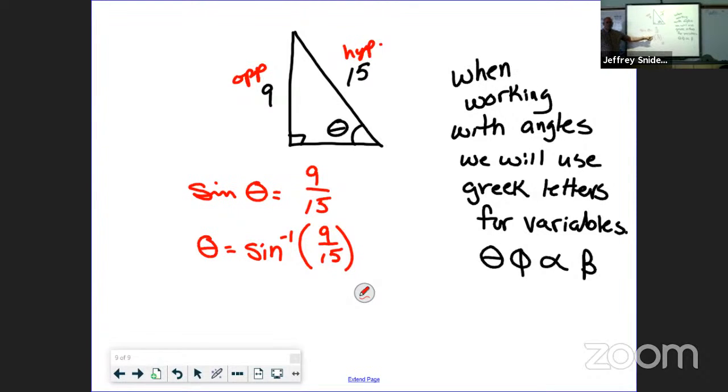What does this mean? It's the inverse. So sine finds the missing side, inverse sine finds the missing angle. They go opposite directions because that's what inverses do, right? This is one way of writing it. The other way you could write this is this.